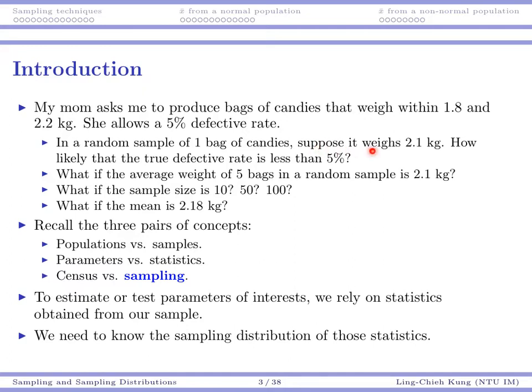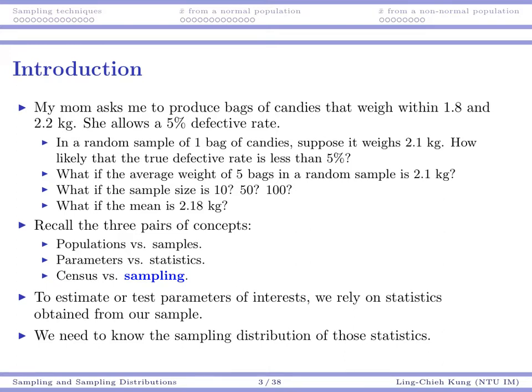Suppose she sees that the weight is 2.1 kilograms. Then she may simply say, okay, according to my expectation, this is within the standard, so you're safe. My mom may conclude that the defective rate is less than 5%.